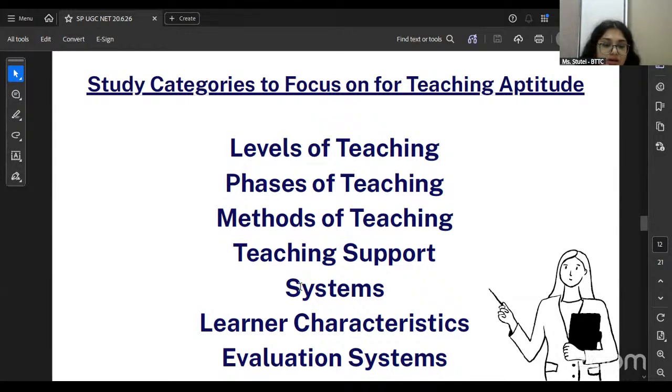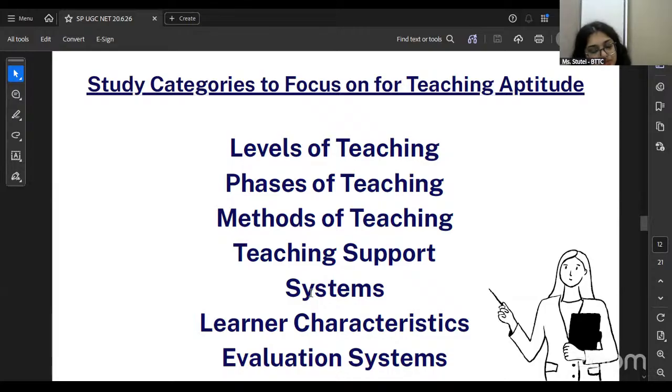And the last is evaluation systems. It is again a very well liked category, and I've seen it often. Questions based on this category come often. So here I suggest you understand the different types of evaluation, be it formative, summative, diagnostic, or placement.